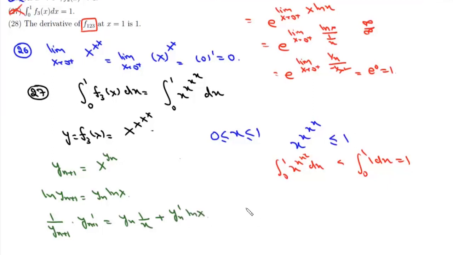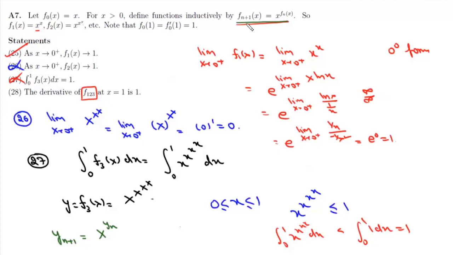So basically derivative of f123 at 1, it will be f123 at 1 into f122 at 1 into 1 plus f'122 at 1, and log 1 is 0.